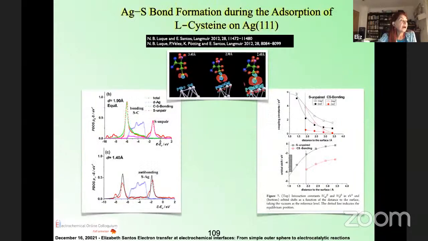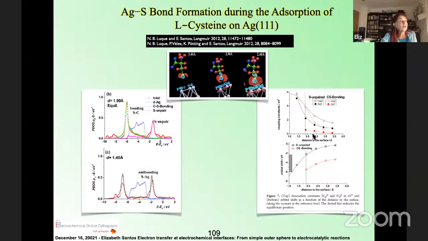Then other complicated systems, for example, adsorption of cysteine on silver, where we have seen the electronic charge redistribution. We see here what is involved. We have a bonding orbital between the sulfur and the carbon, and we have a lone pair of electrons on one orbital of the sulfur, and how this interacts when approaching the silver surface.